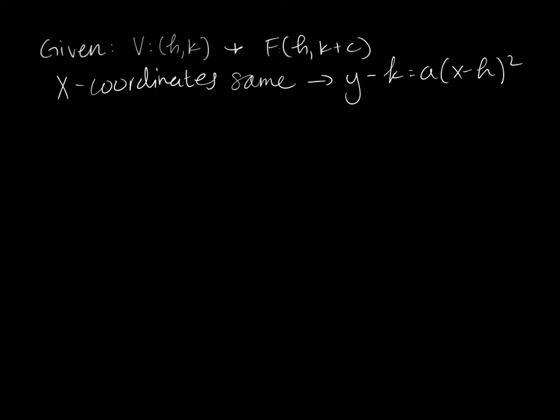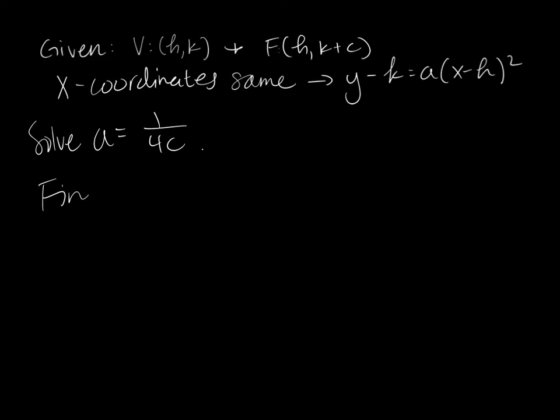Now, you know what h is and you know what k is because you have the vertex. But the problem is you don't know how to figure out a, right? And the only way to figure out a is to solve 1 over 4c. That's the only way to find a. And the nice thing is, though, that we can find c.